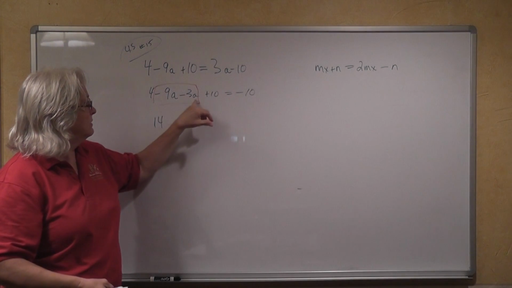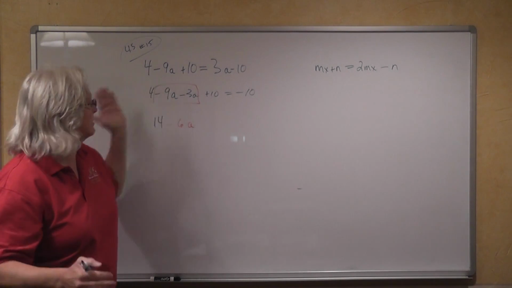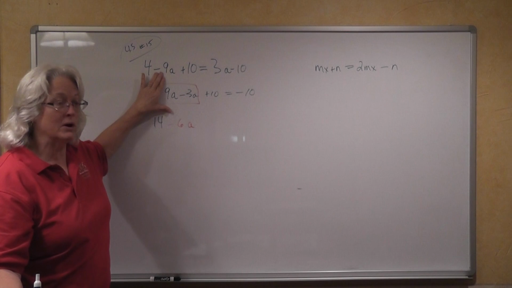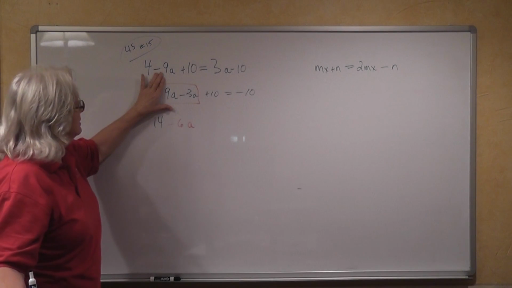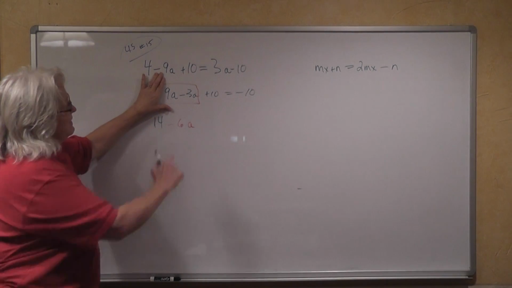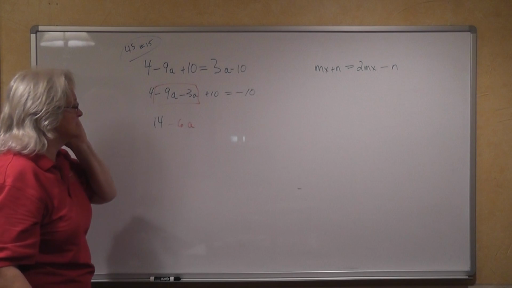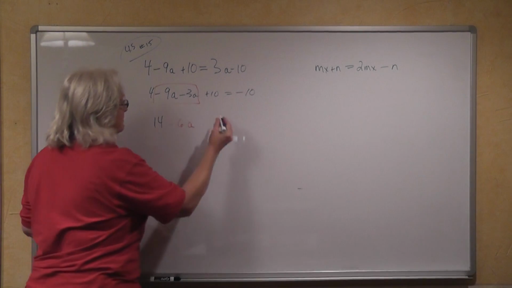Negative 9a minus 3a, and that may be what I was talking about earlier. Remember that the sign always is involved, because if you did just 9a minus 3a, maybe you think it's a negative 6a. I'm not exactly sure that I can figure out exactly what you've got going on here.